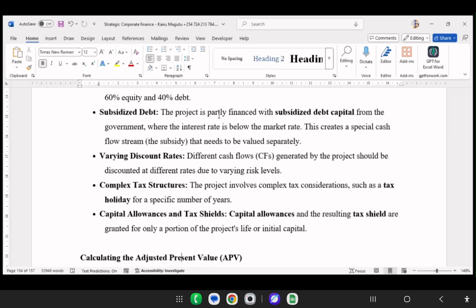If the project is 15 years, the remaining 10 years are very risky. You discount the first 5 years at a low discounting rate and the last 10 years at a high discounting rate. The other issue is in case of complex tax structure, where the project involves complex tax considerations such as a tax holiday for a specific number of years.